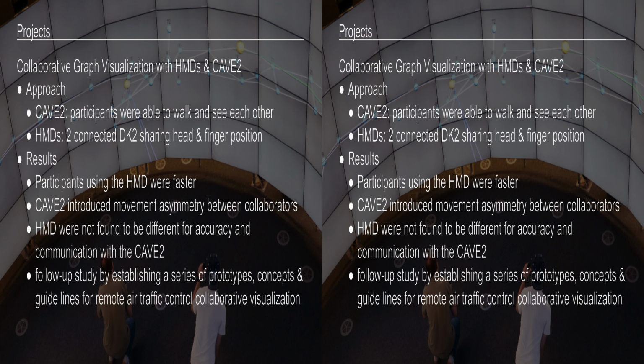The outcome of this, the paper was published at the end of last year, was that the HMDs are faster, so all tasks could be solved faster by using the HMDs. And it was quite interesting that the cave 2 introduces movement asymmetry, because you always had these two different persons looking in two different directions, trying to collaborate on the graph and to merge the results which they found. And actually they are working on a follow-up study by looking at flight trajectory data.